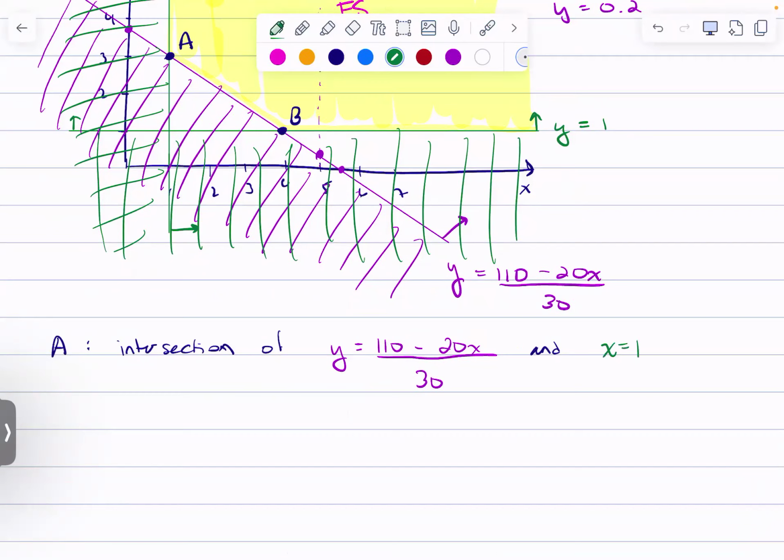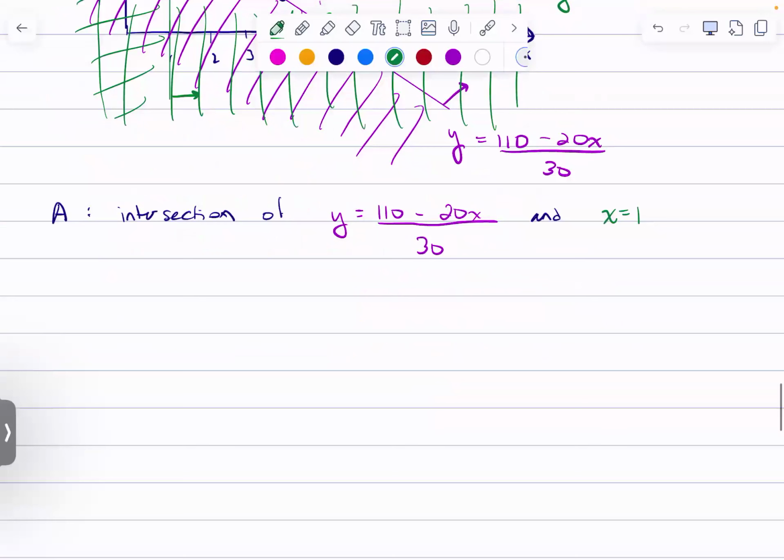If I just have a nice x equals 1 or y equals 1, then you can just plug those values into the other equation and solve for the other value. And so if y is 110 minus 20x divided by 30, I'll just replace this x with 1 right away.